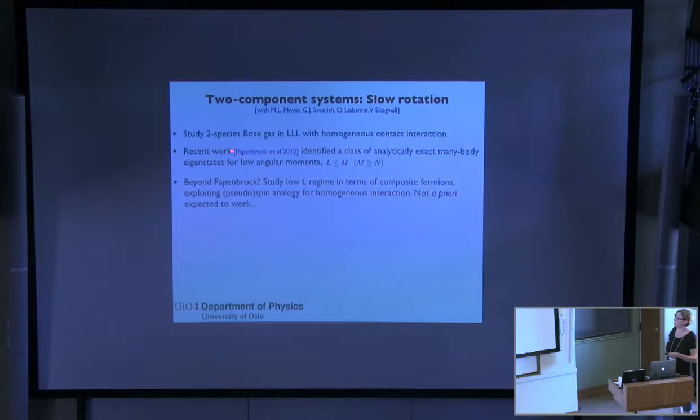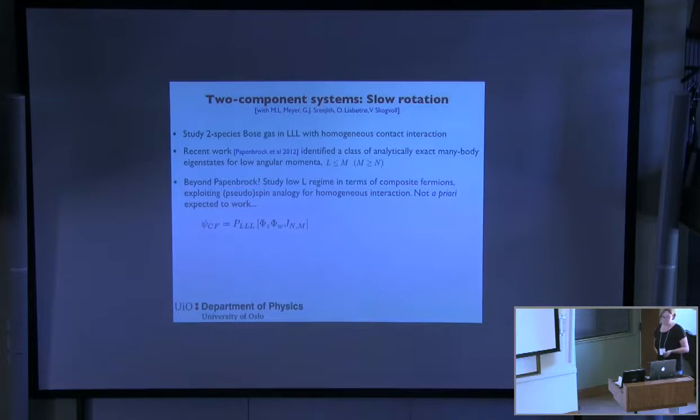And also, given the somewhat surprising success of the composite fermion technique for the one-species system, can we try to apply it to this system, and will it again work? Just as for one species, that was not a priori obvious, and so we set out to play with this.